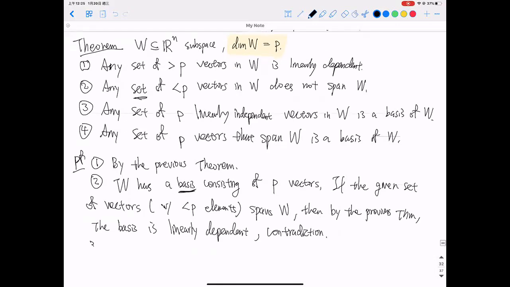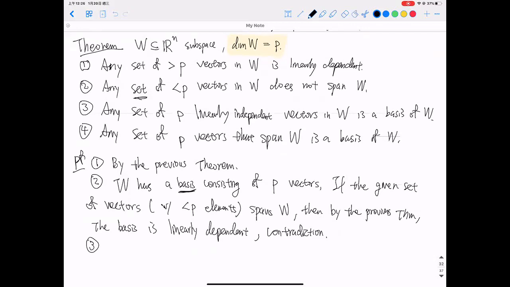Okay, now move on to the next property. If you have P elements that are linearly independent, we want to say that these P elements must form a basis. We need to show that they do span. Okay.